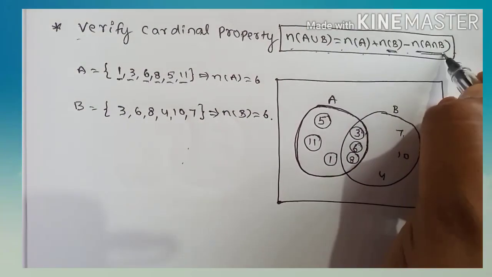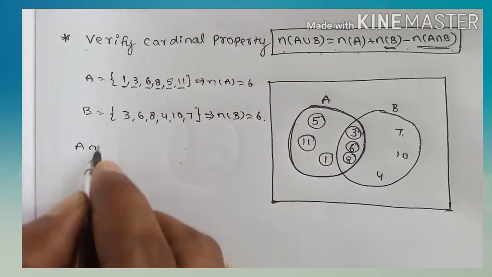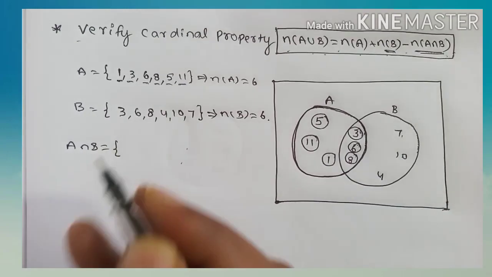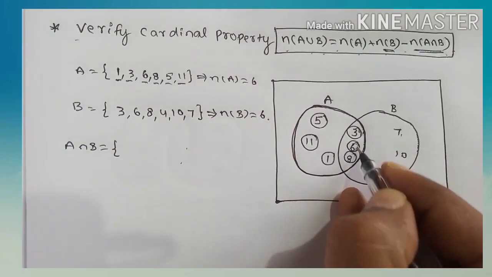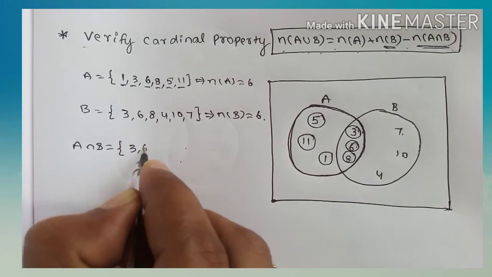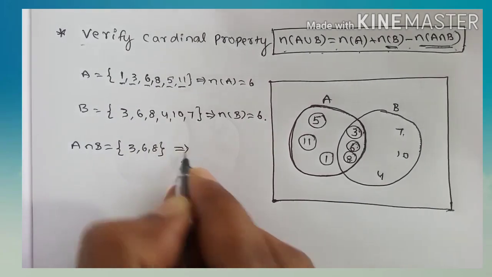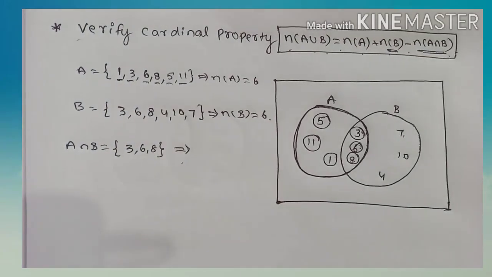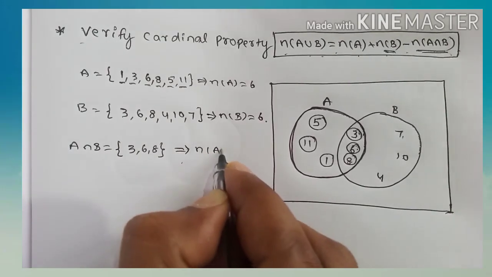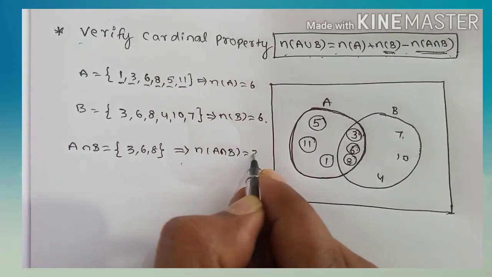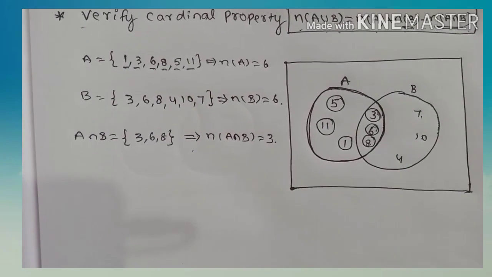Now A intersection B is equal to the common elements. What are the common elements? 3 elements are common, which are 3, 6, 8. How many elements are there? 3 elements. n of A intersection B is equal to 3.